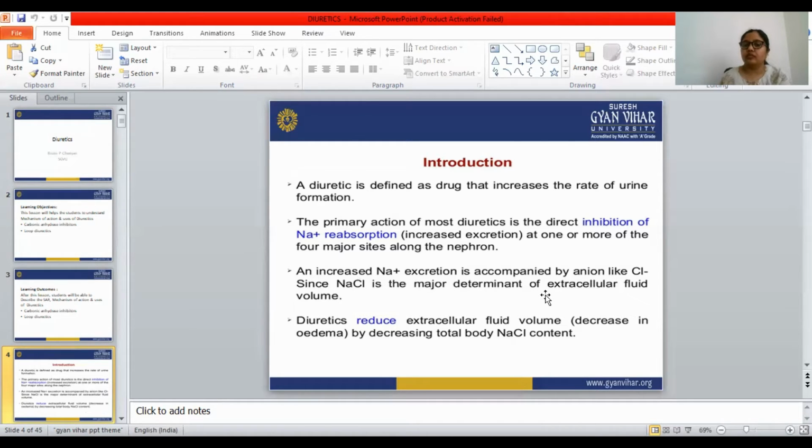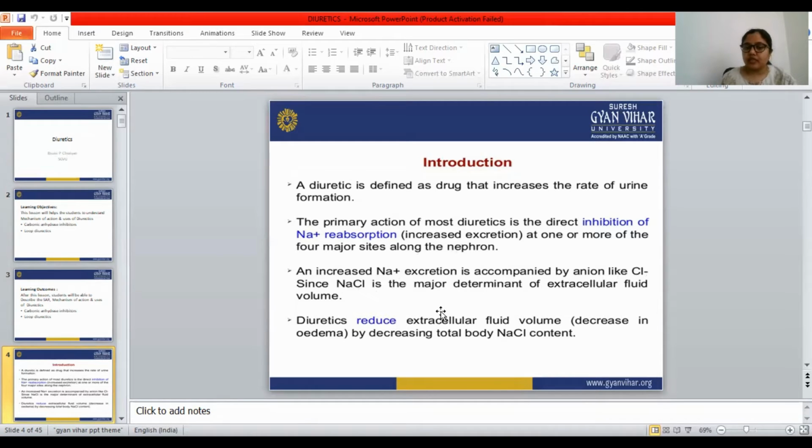So the diuretics inhibit sodium reabsorption, meaning they increase sodium excretion, and this sodium excretion is accompanied by Cl.